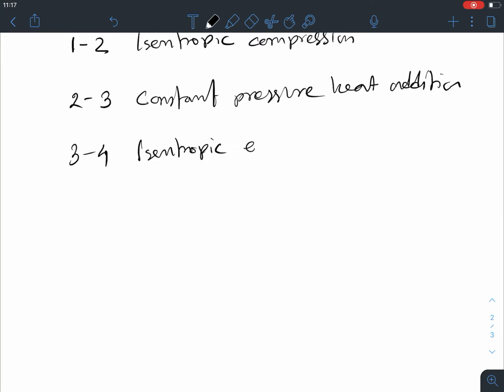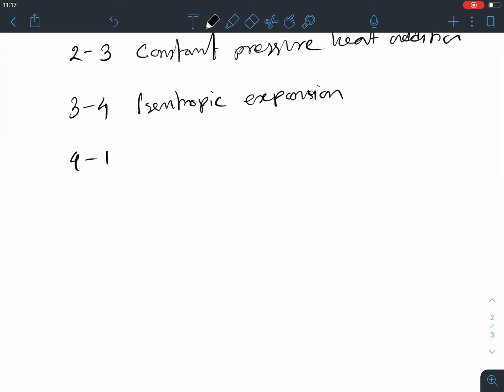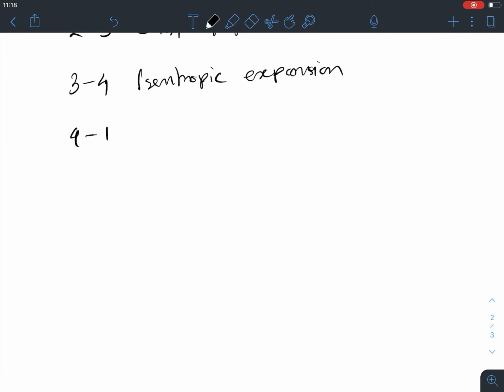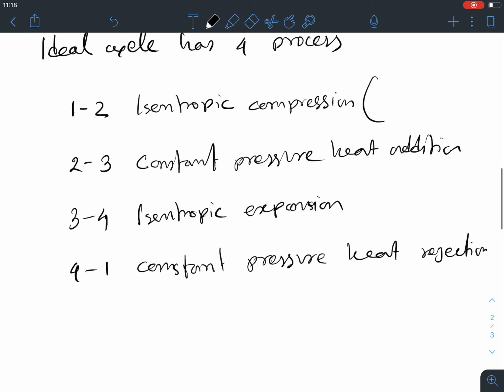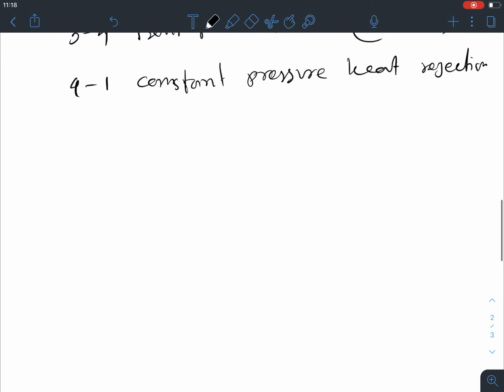Process 3 to 4 is isentropic expansion. Process 4 to 1 is constant pressure heat rejection. Compression happens in the compressor, and expansion happens in the turbine.